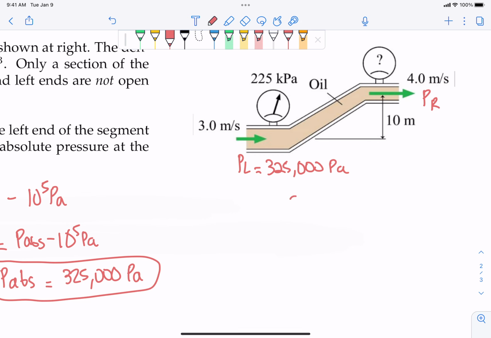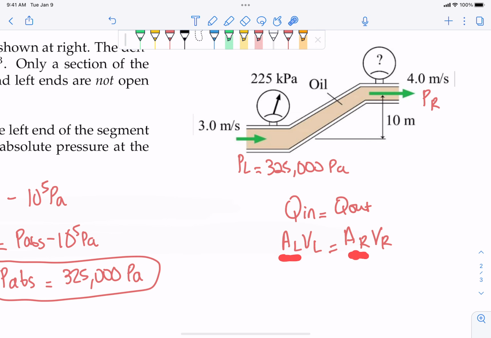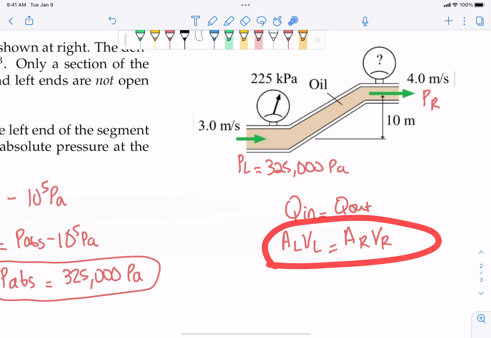We know that Q in, as we said for problem 2, has to equal Q out. So AL VL has to equal AR VR. If AL is different than AR, then VL has to be different than VR in order for these two sides to be equal.